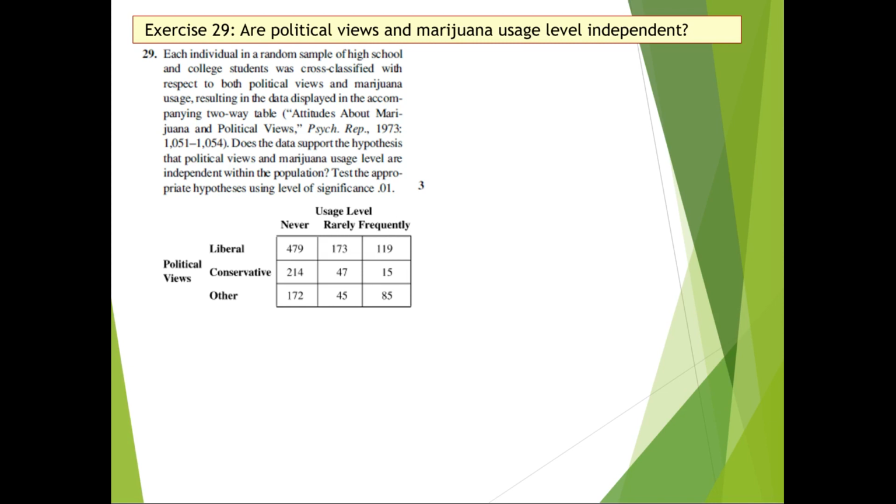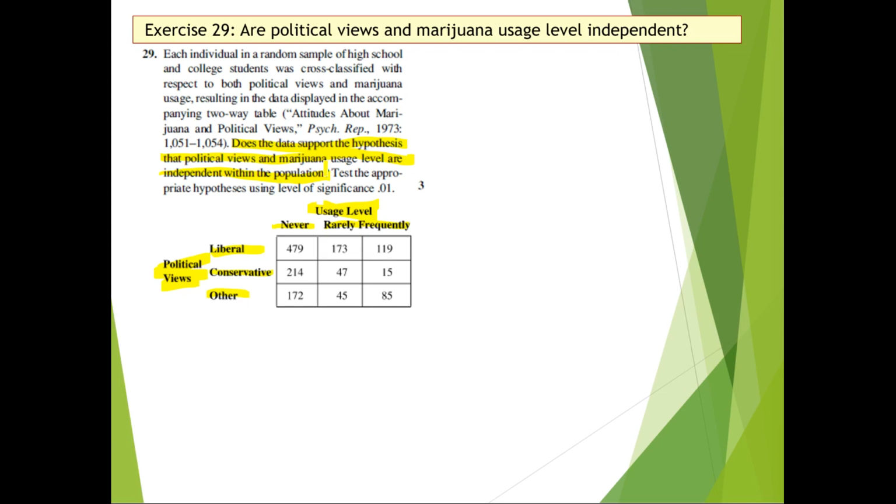College students were classified according to their political views and their usage level. So that was factor 1, factor 2, and there you have the different categories for each factor. And the counts are given in the table, and we have to determine whether they are independent or not. Political views and usage of marijuana, is that independent or not? What would dependence mean? It may be that people with liberal political views tend to use drugs often or not.